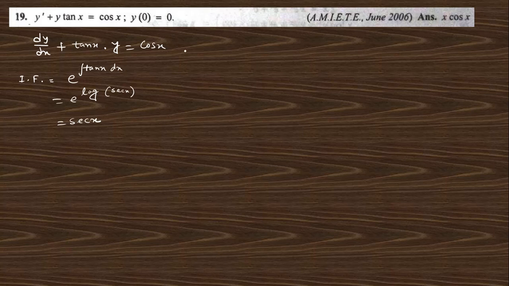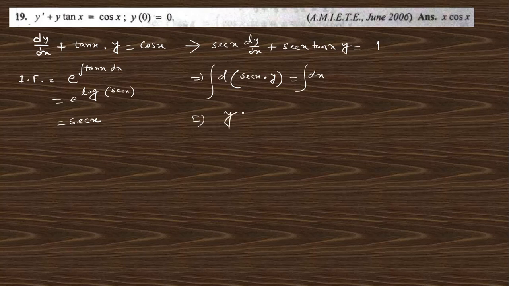So if you multiply with sec x, so sec x dy/dx plus sec x tan x y equals sec x into cos x, which will be 1. So this becomes d of sec x into y equals dx. So if you integrate both sides, you will get y sec x equals x plus c.